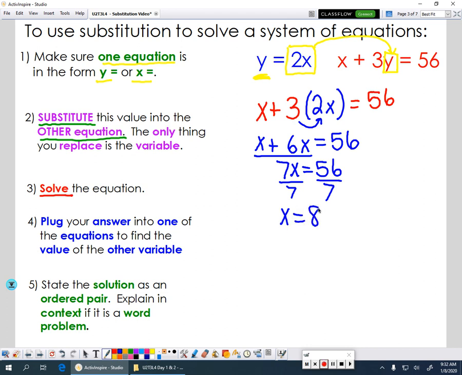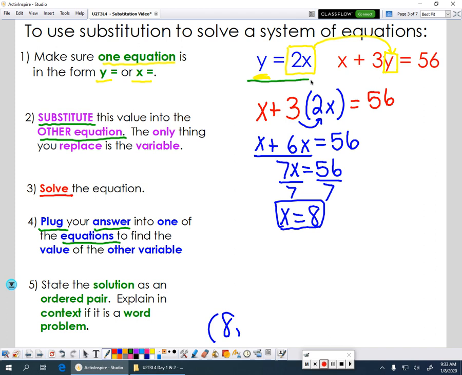Now remember, a solution to a system of equations a lot of times is going to be an ordered pair. In this ordered pair, my x value is going to be 8, so I can start off that ordered pair right away. To find the y value of that ordered pair, we plug our answer into either of the equations.